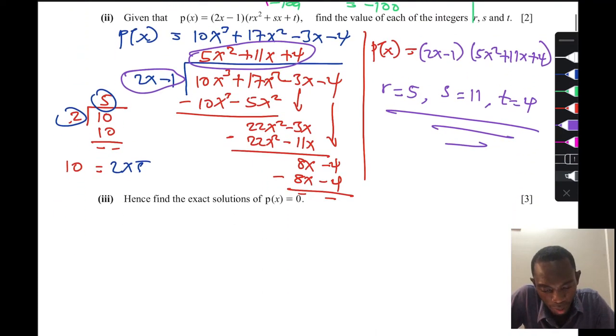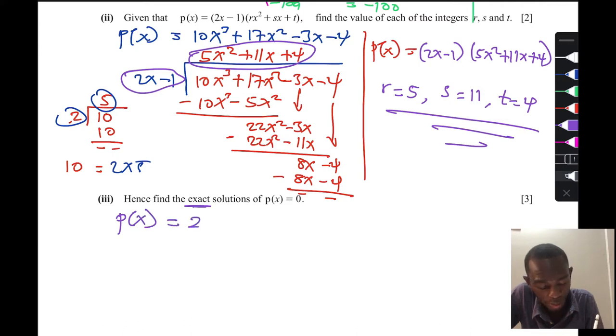We are also told that we should find the exact solutions of p of x. Let's underline the exact. We will talk more about it. So rewrite your p of x. They said it's equal to 0, but you know p of x is 2x minus 1 and then 5x squared plus 11x plus 4.